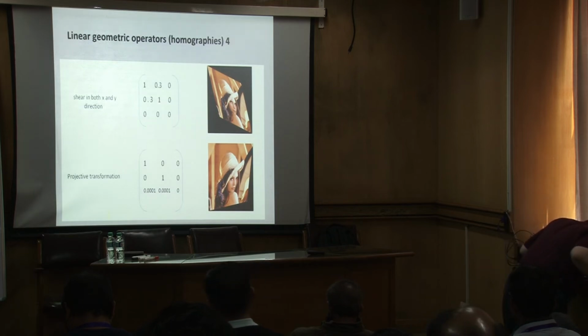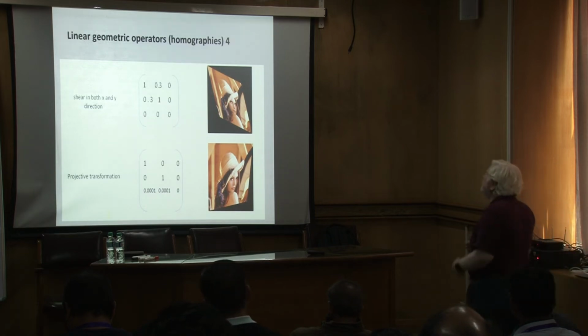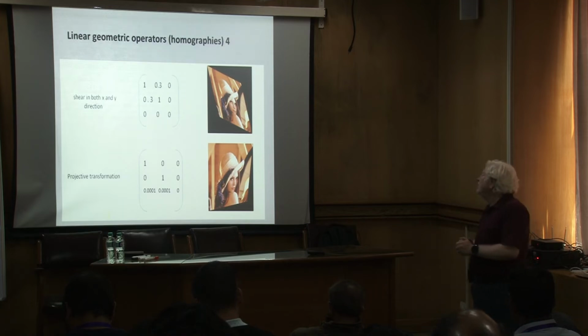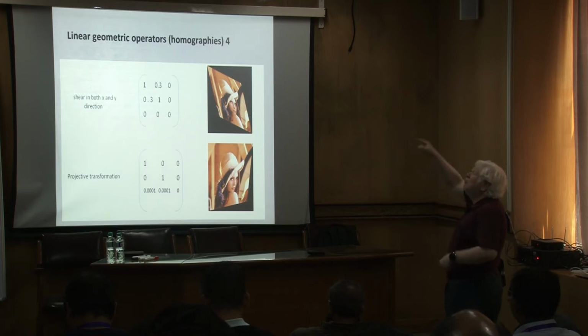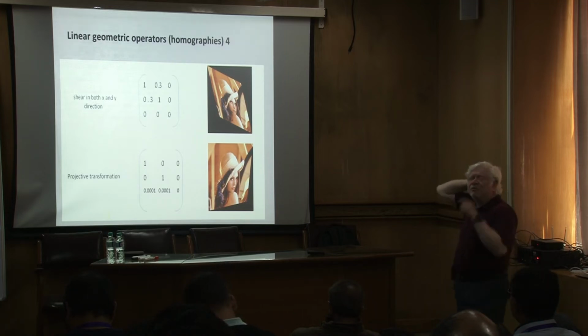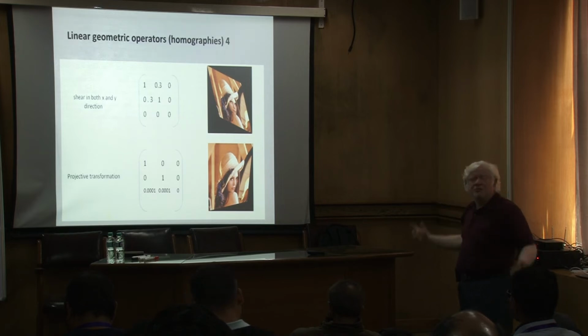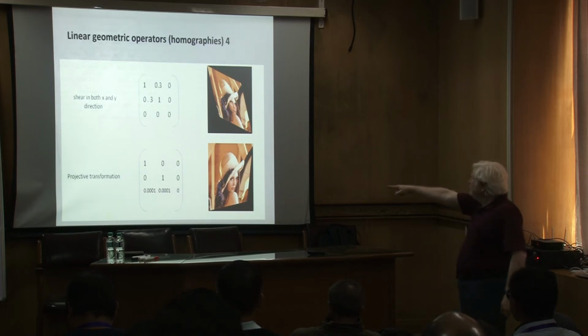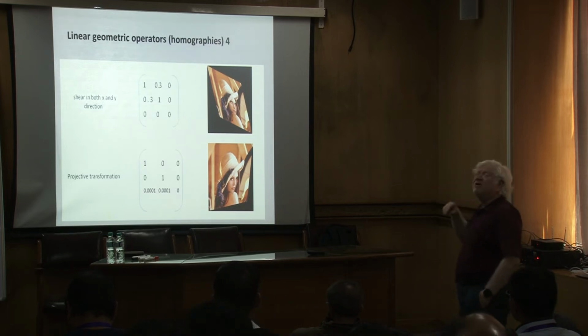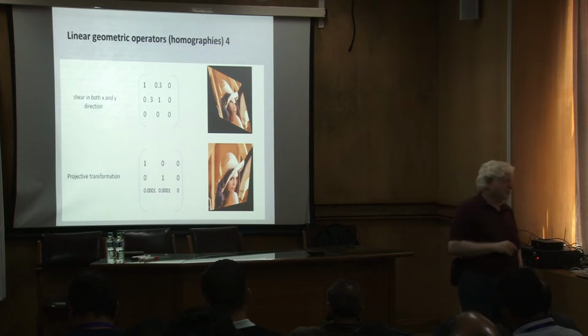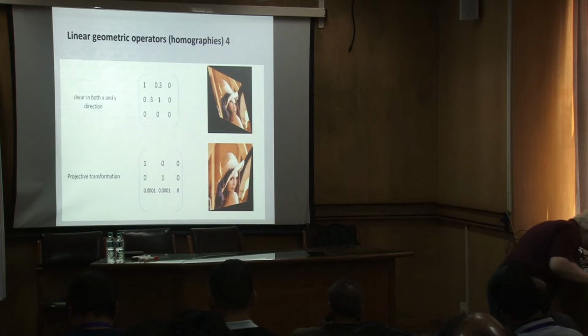So, here you have got shear in both x and y simultaneously on the top, and the last one is not just shear. You see, shear is always a symmetric thing. It will give you rhombuses or it will give you parallelograms. It will not give you this last object over here where you are doing a perspective transformation, right? Projective transformation. This is what you get when you do that.